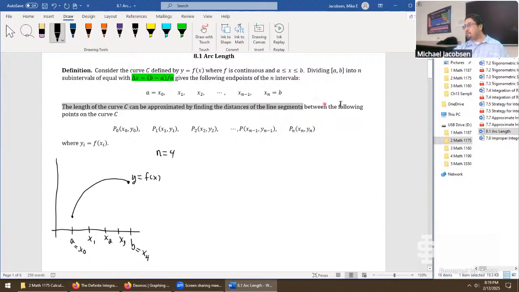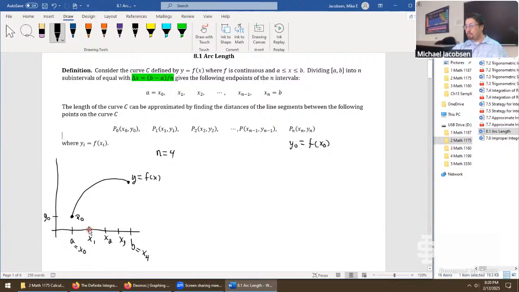Now the curve C can be approximated by finding the distances among these points. P naught, x naught, y naught would be this point, P naught. x naught is the first coordinate, y naught is the second coordinate. When you see a y naught, also think of y naught as just f of x naught, so just compressing the function notation essentially.